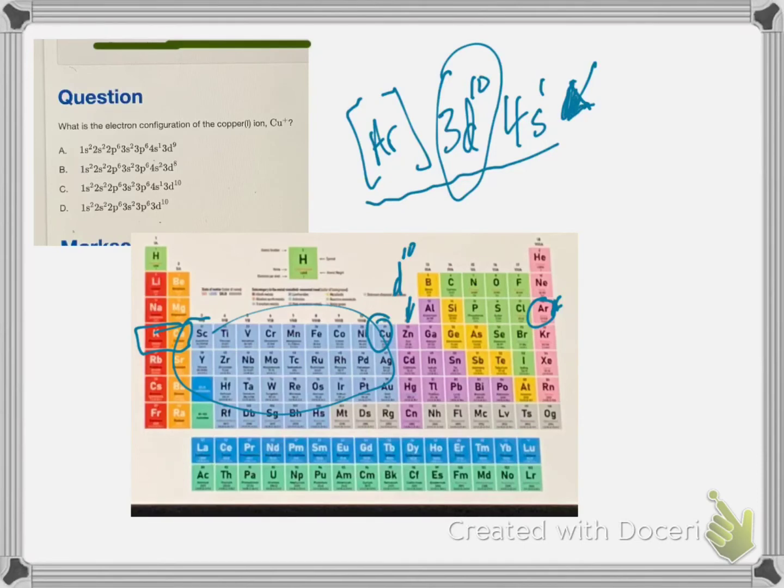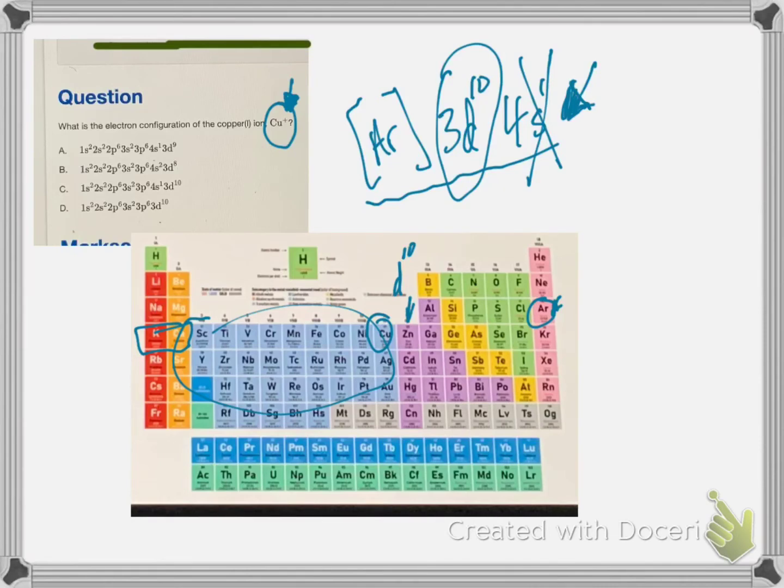Now, because of this, for the copper ion with a plus charge, which means taking away an electron, we should remove the electron from the s orbital.